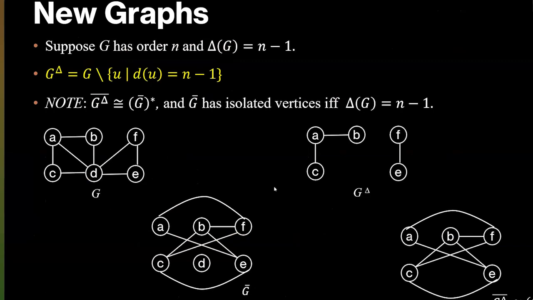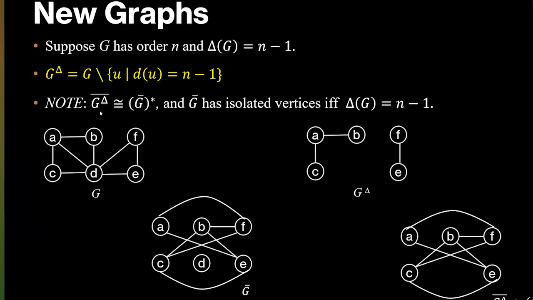Before I go further, I am going to introduce one more type of graph, which I denote by G triangle, or G delta. It is the graph obtained from G by deleting all the vertices u such that u is of degree n minus 1, that is, adjacent to all other remaining vertices.